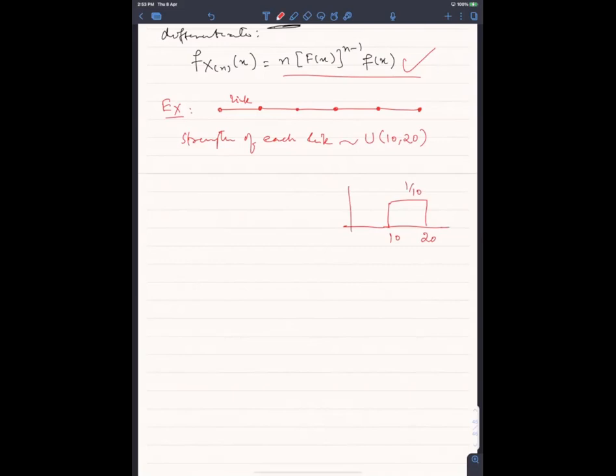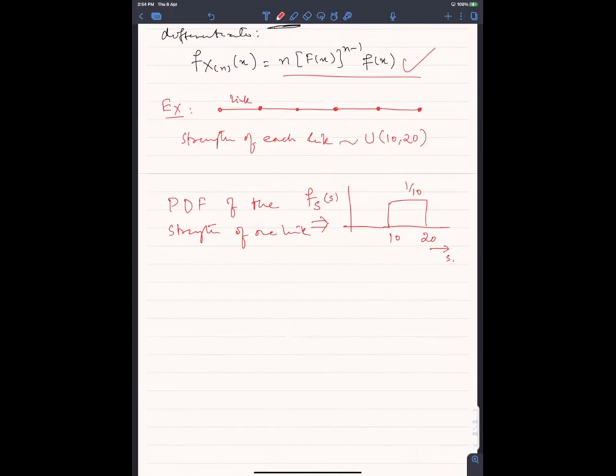This is f_S(s), and this is the PDF of the strength of one link. This is what we have described.